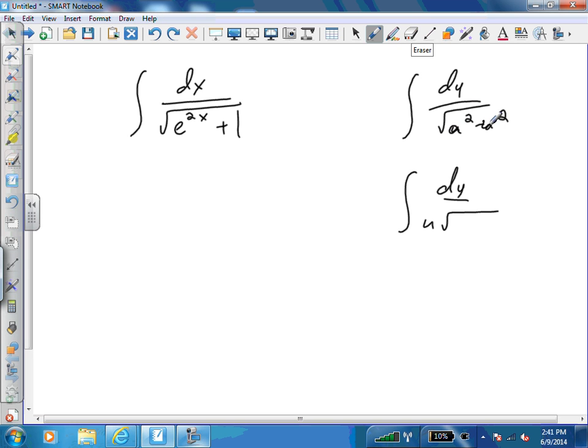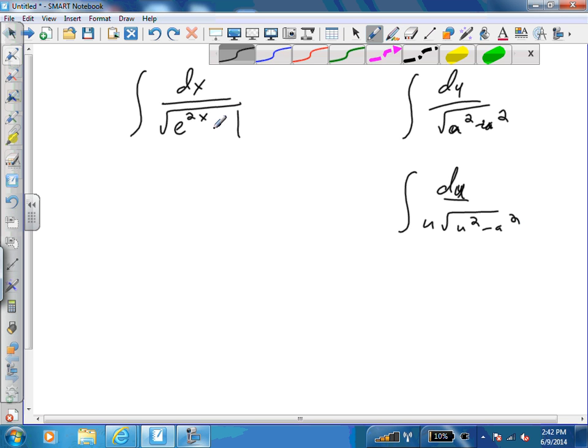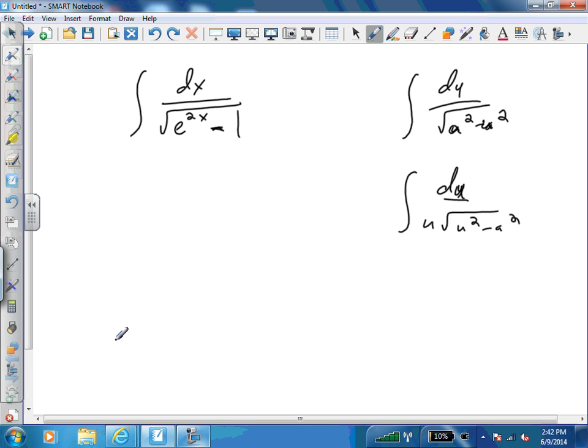This should be a squared, this is u squared. Or this, u square root of u squared minus a squared. And I have one more thing wrong, and I think everything else is right. That should be a minus. So let me clean up this mess that I've written.